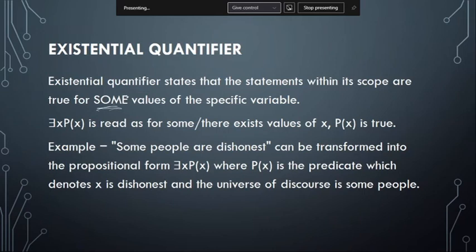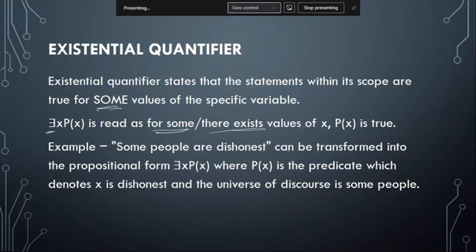In the universal quantifier, it is for all, so all values must be true. In the existential quantifier, it is for some, so there are some values that are true. The symbol is an inverted E. It reads as for some, or there exists. For some value of x, p of x is true.